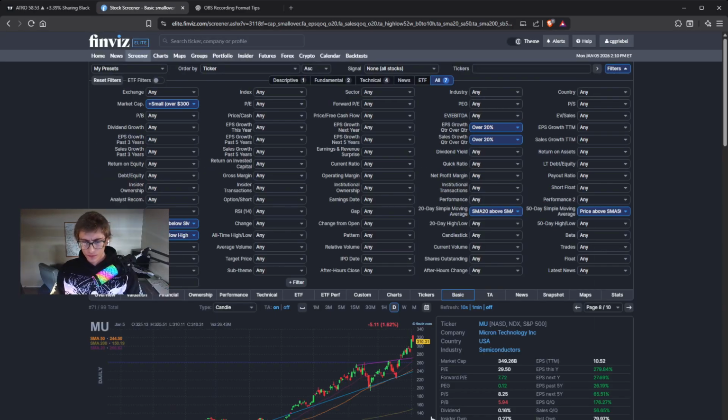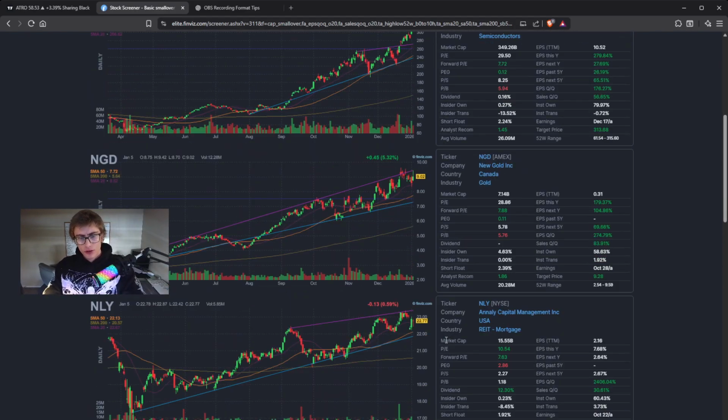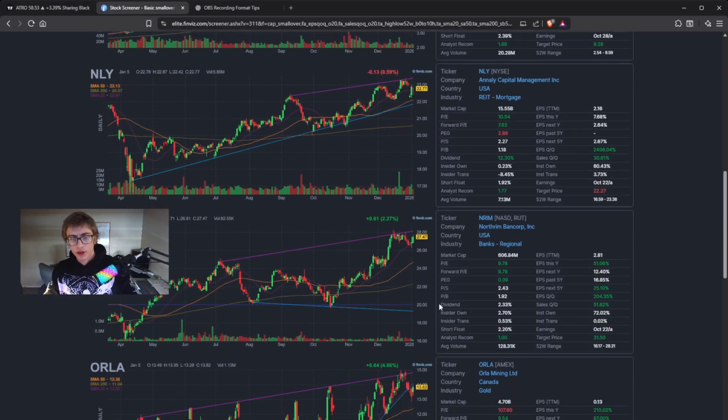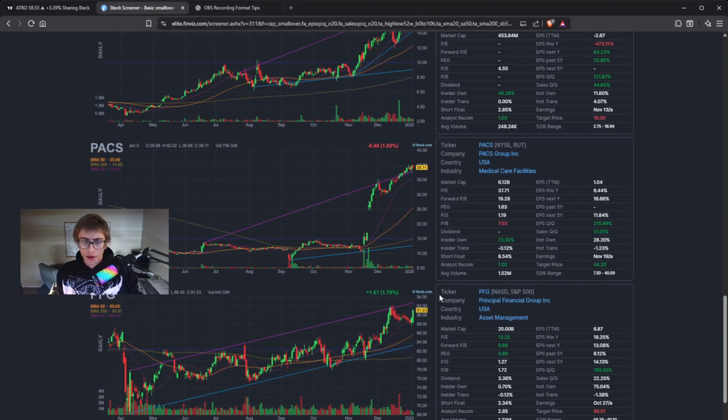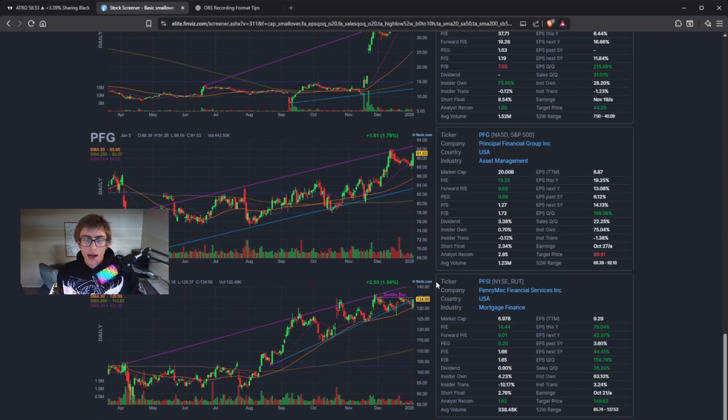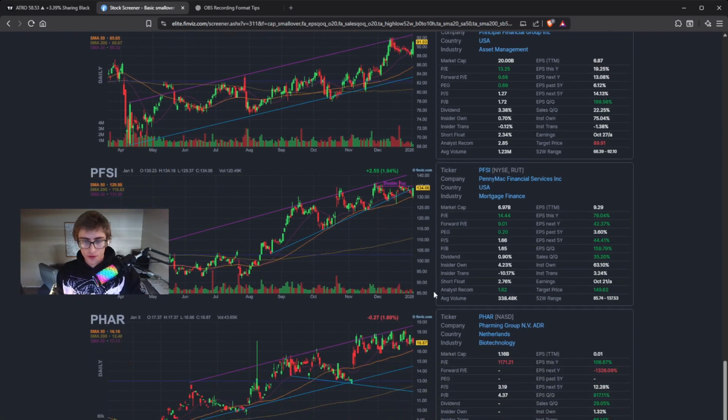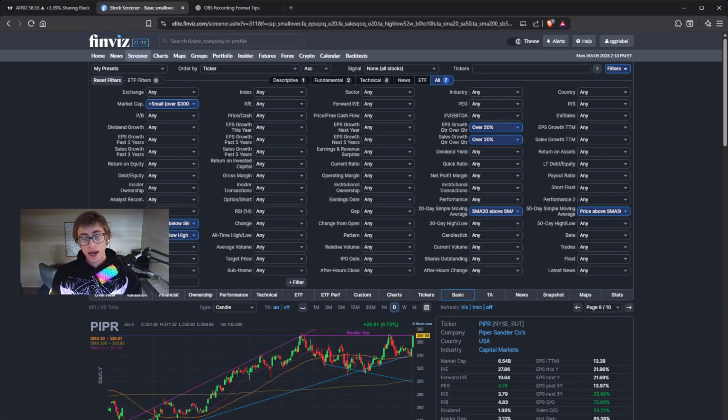So I'm not really too worried about showing off stocks. I just wanted to show you what this process looks like, how you can format a screener, and why I formatted this screener this way. There's many ways to make a screener. I have 11 screeners that I go through. This is one of them. I'm not saying you need 11.